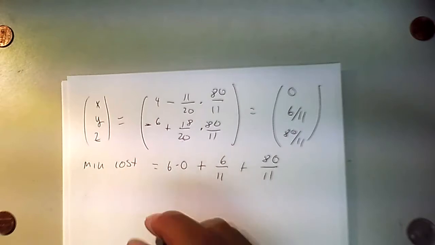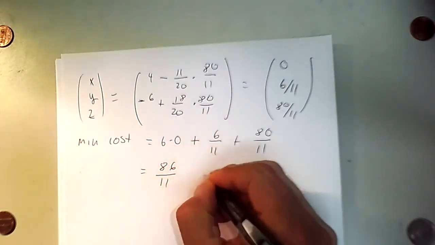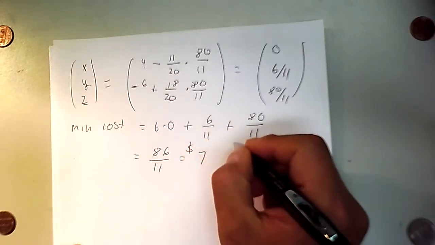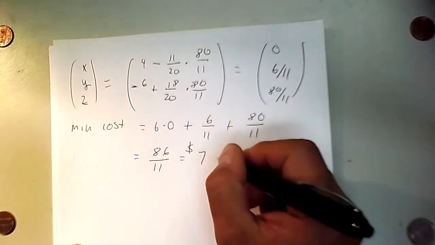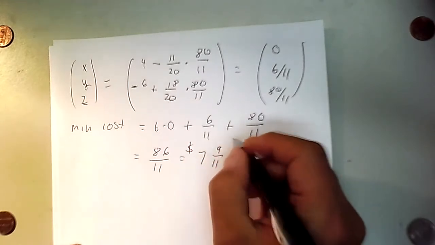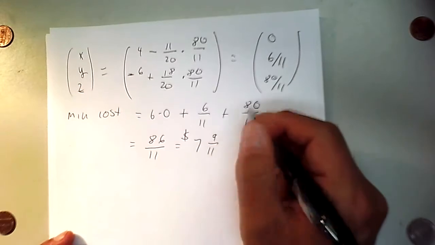And that is going to give us 86 over 11. So that is $7 and 9/11, I believe, of $1.